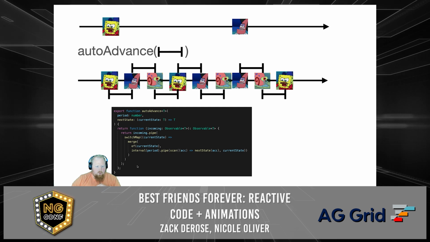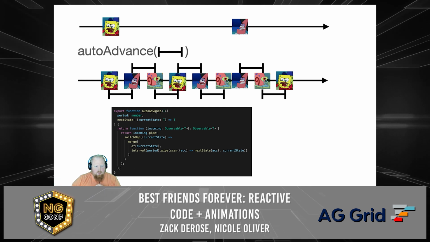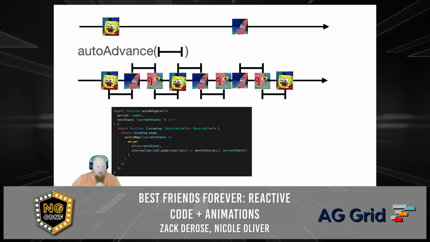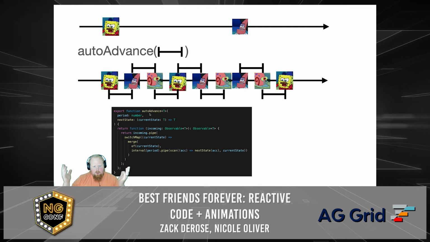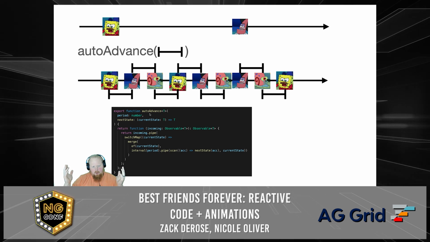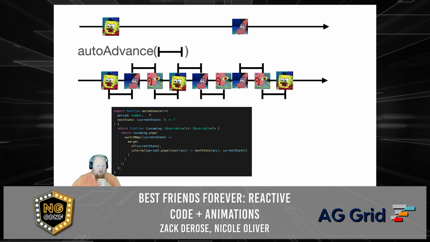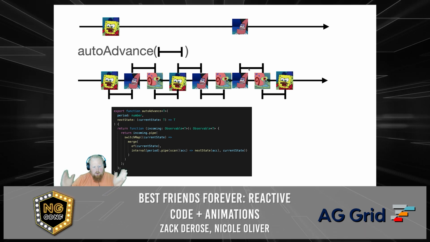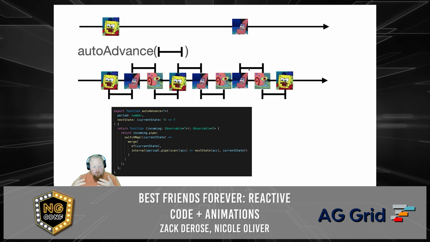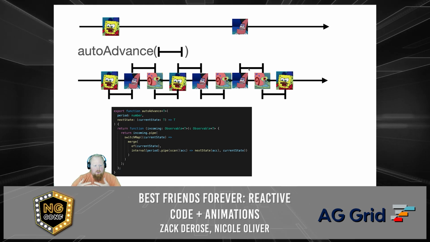As a result, we have this function, our auto-advance operator, that we can export and use here in our carousel. We could also use it for any other instance where we'd like to auto-advance our observable from one state to another. That is the majority of the reactive code that we've done in this example.